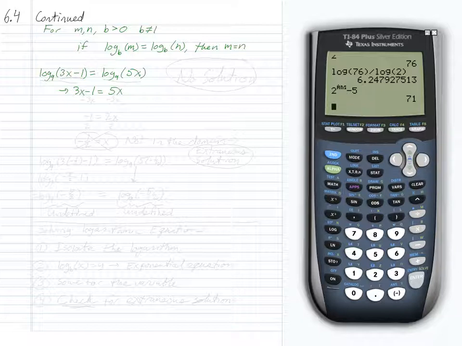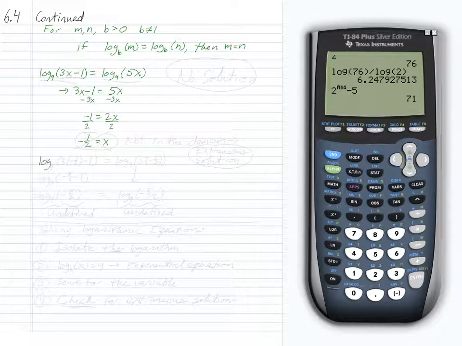At this point, I can solve for x by subtracting 3x from both sides, and dividing both sides by 2 to see that x equals negative 1/2. I'll check and make sure these solutions work.